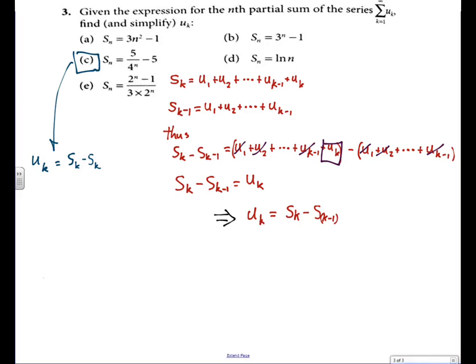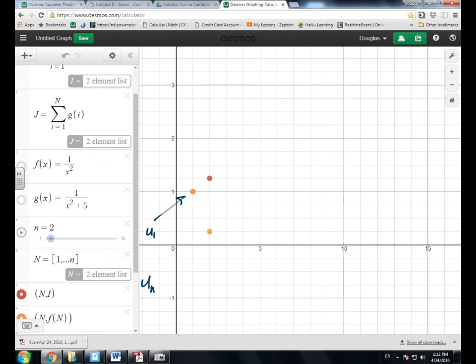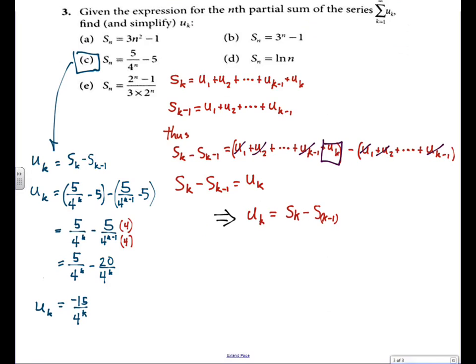So using this information to find the U sub k term, here we're going to take S sub k, subtract S sub k minus 1, which is shown here. And subtracting out the 5s, we get this. And the rest is algebra skills. Multiply top and bottom by 4 so we can get a common denominator. And since we have a common denominator, we get that. So U sub k is negative 15 over 4k.